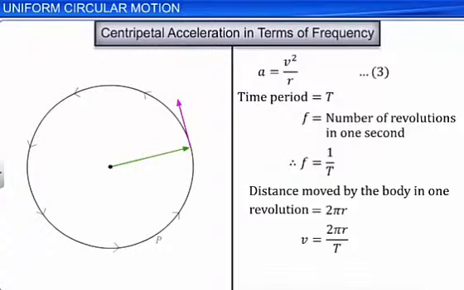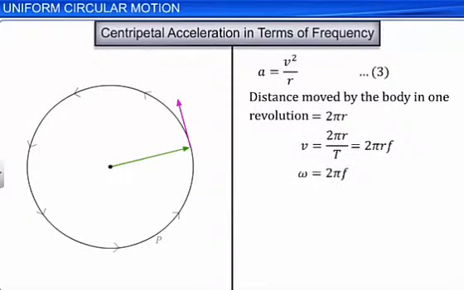V is equal to 2πr/T. On substitution, we get V is equal to 2πrf. Omega is equal to 2πf. Substituting the values in equation 3, we get Ac is equal to 4π²f² into r.